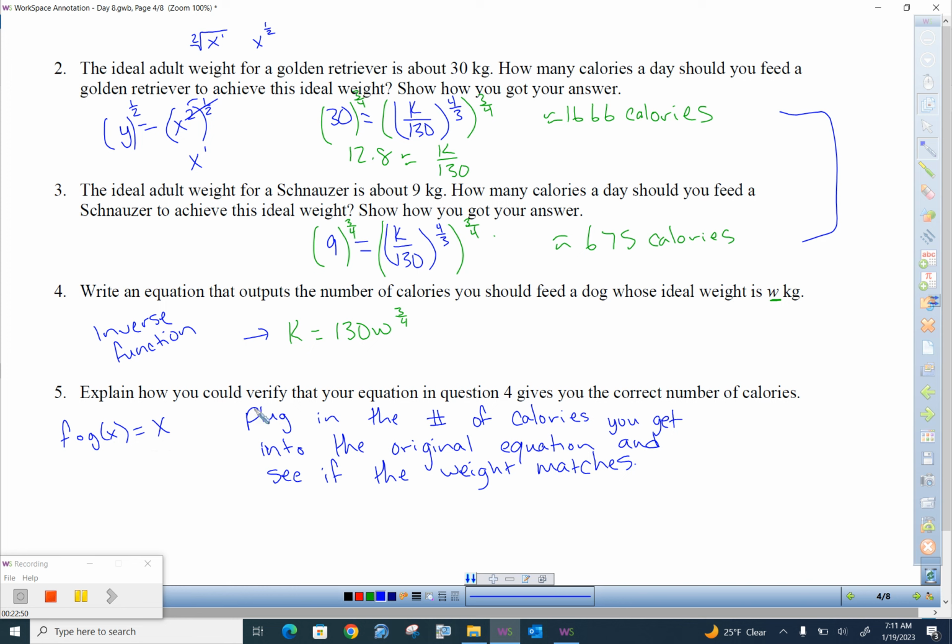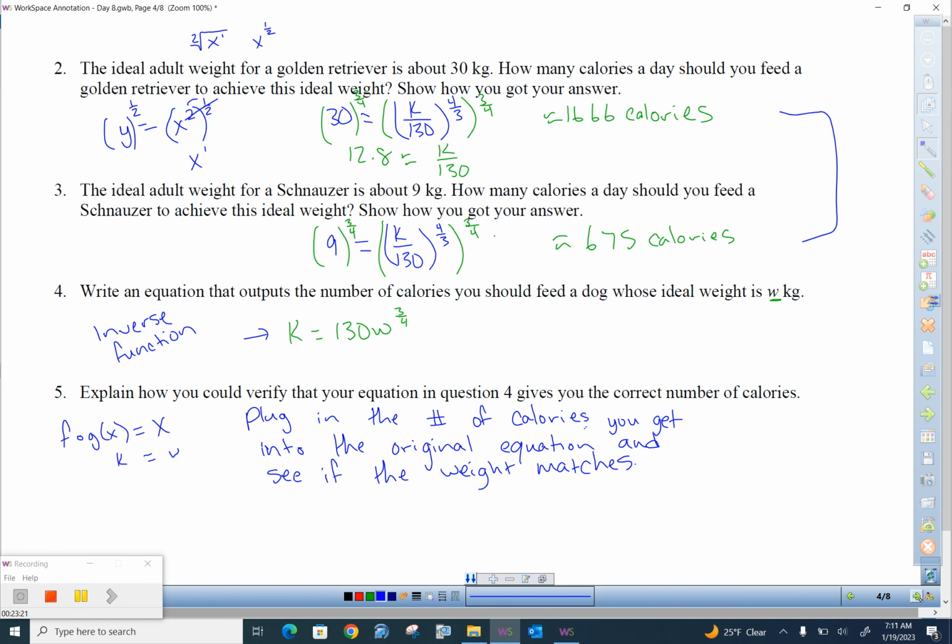In this case, we were plugging in k, and we're seeing if, in the original equation, the weight matches. Basically, you're taking this and going in the reverse order. It's just a double check.